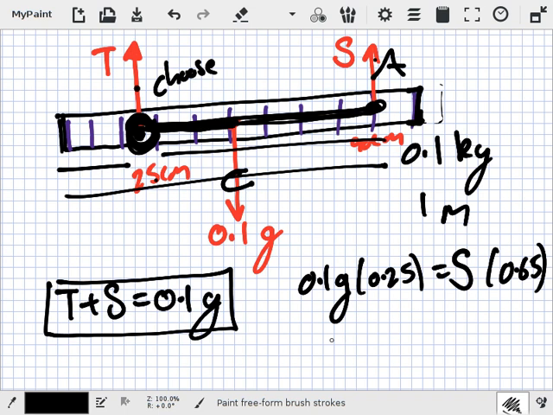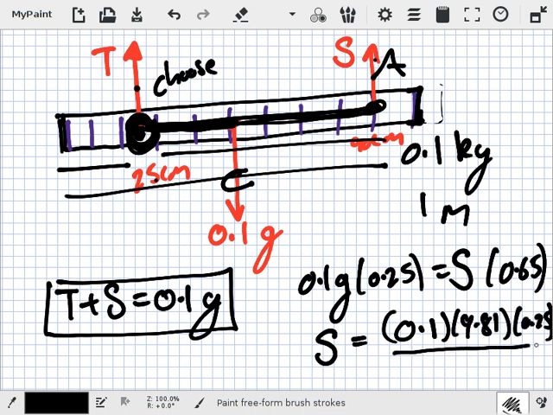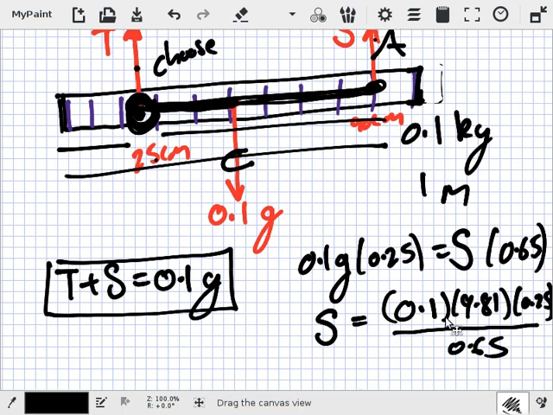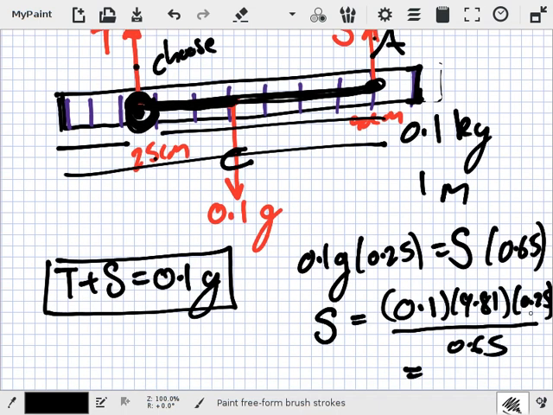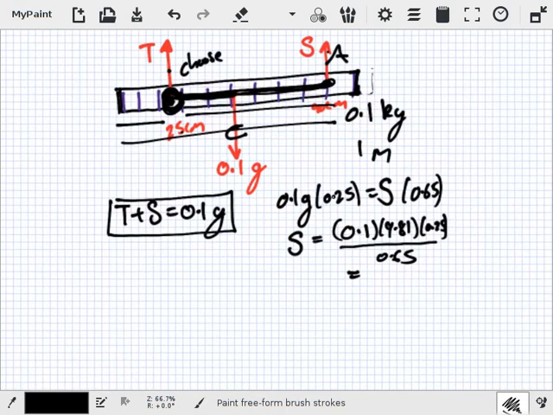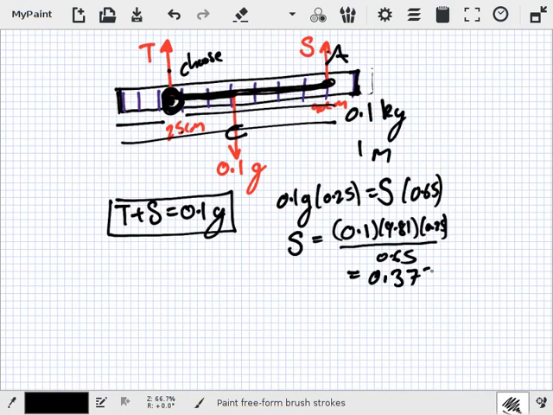Okay, can we get S? We can. We can say S equals 0.1 times 9.81 times 0.25 over 0.65. Okay, what's that, please? 0.1, 9.81, 0.25, and 0.65. 0.377 newtons.